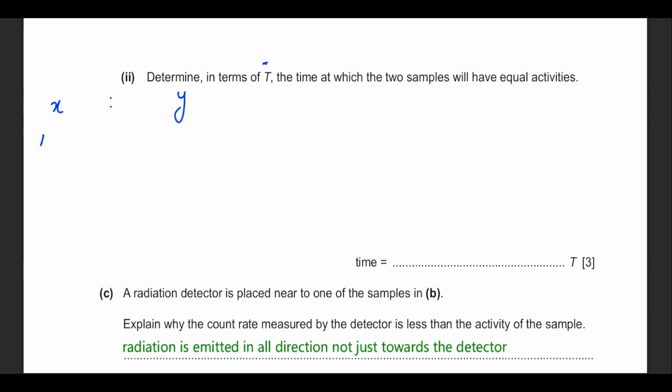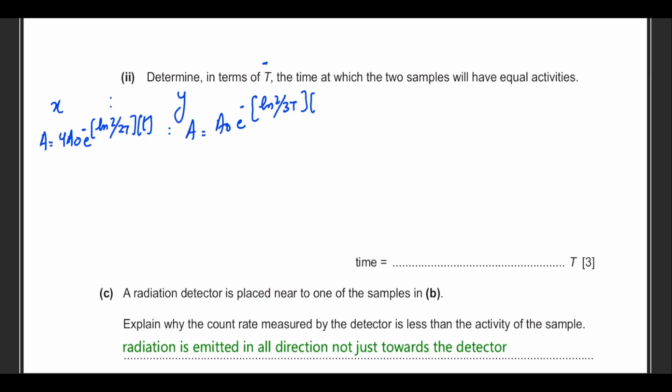So x says A equals 4 times A naught, e raised to the power negative ln 2 divided by 2t, and then y itself: A equals A naught e raised to the power negative ln 2 divided by 3t, into t exactly, into t.